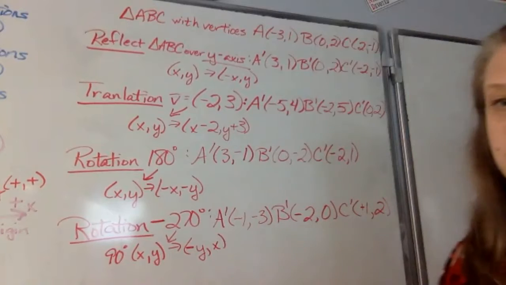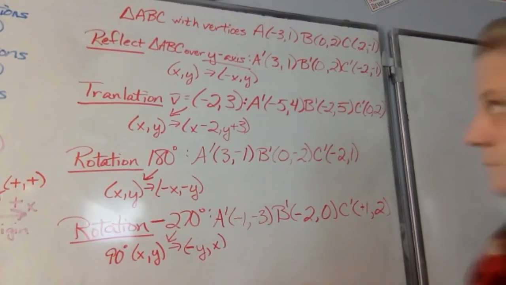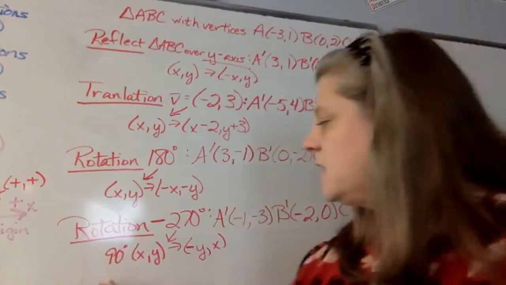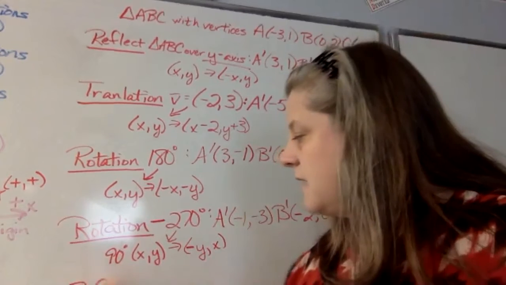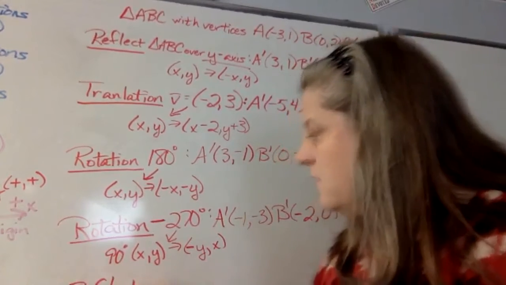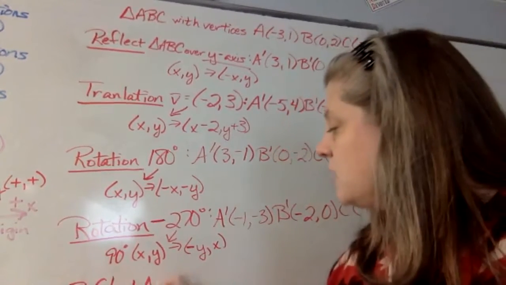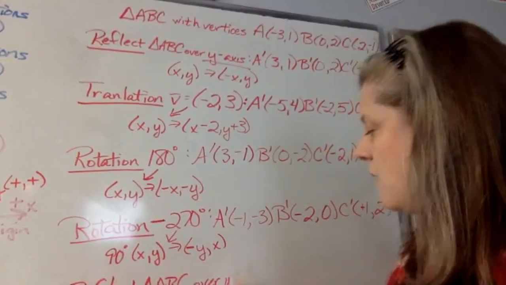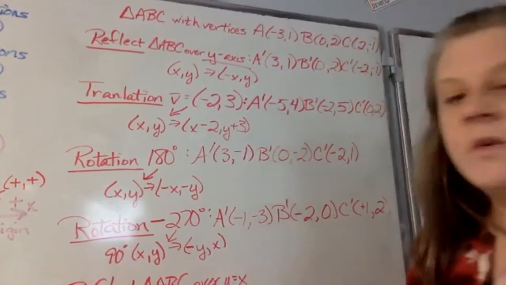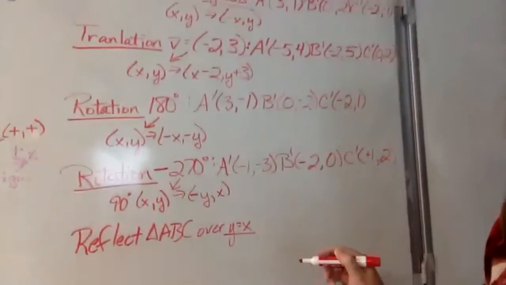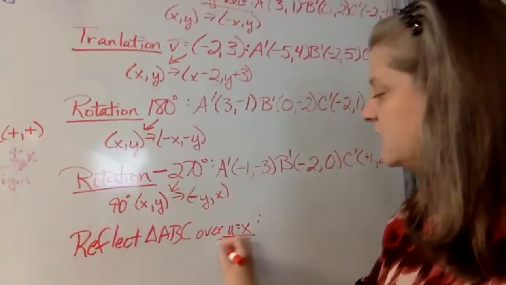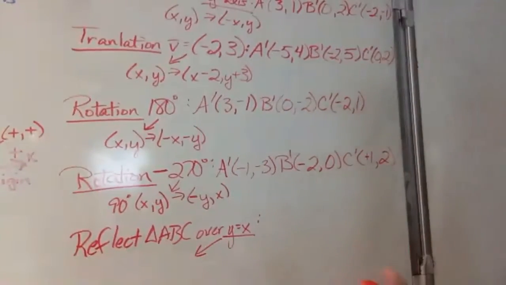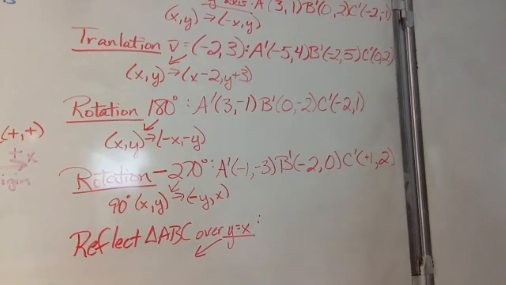All right, so another rule that we have is let's do another reflection. Test you on that. Okay, so we're going to reflect triangle ABC over the line y equals x. So if you were reflecting over y equals x, you need to look back at your notes and see what you did for that. Okay, so reflections for section 10.1.